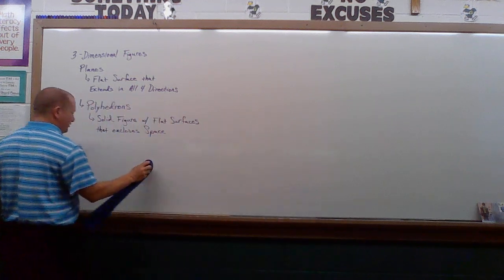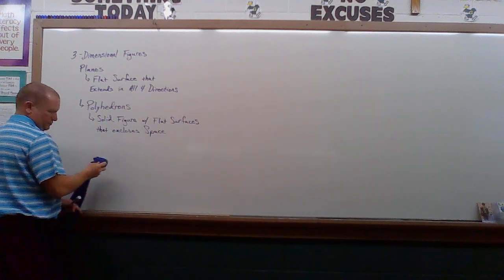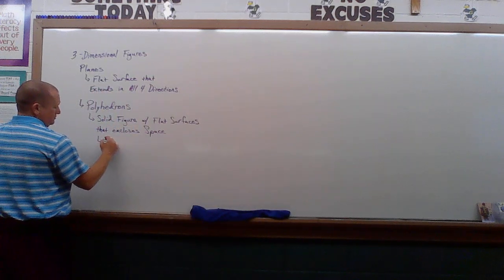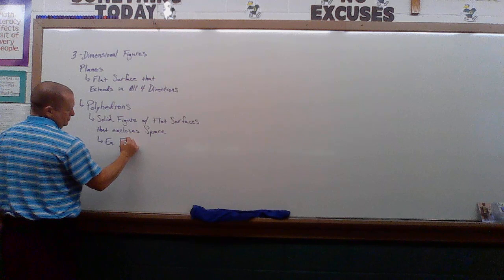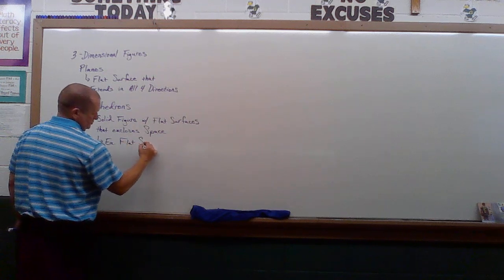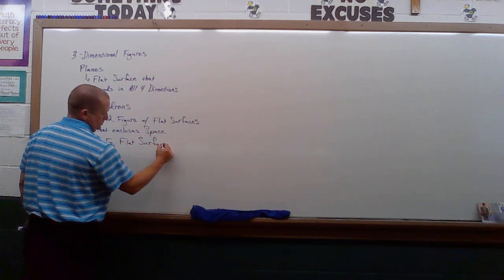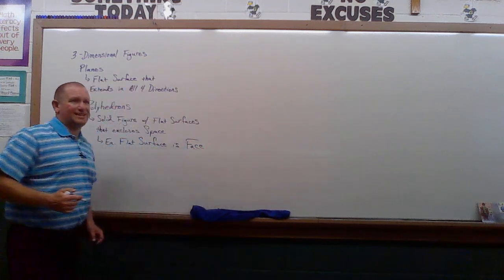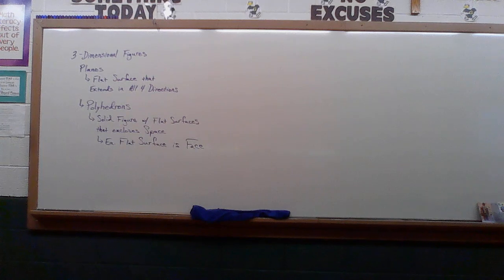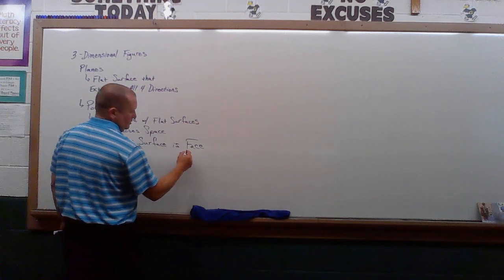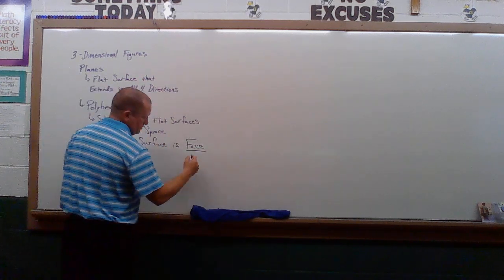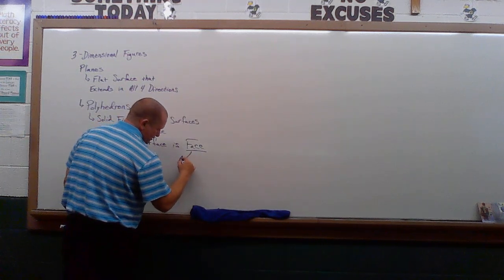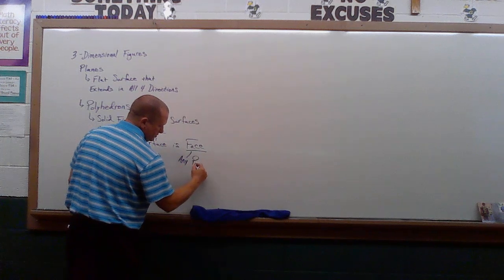When we talk about these flat surfaces, each flat surface is a face. So they're going to ask you to name the faces. Faces are again flat shapes, and this can be any polygon.